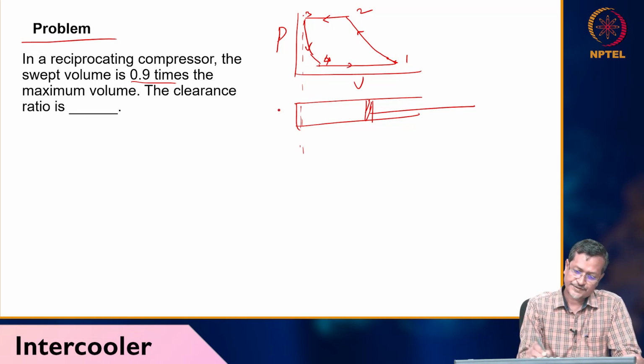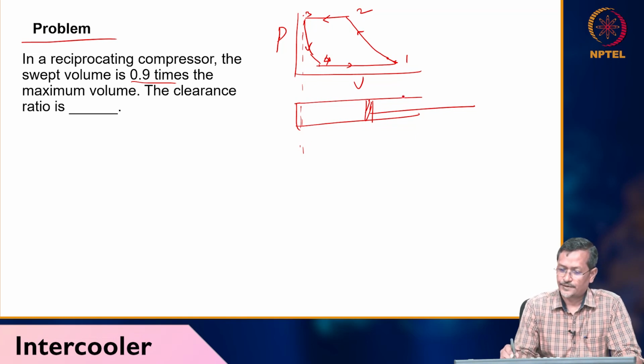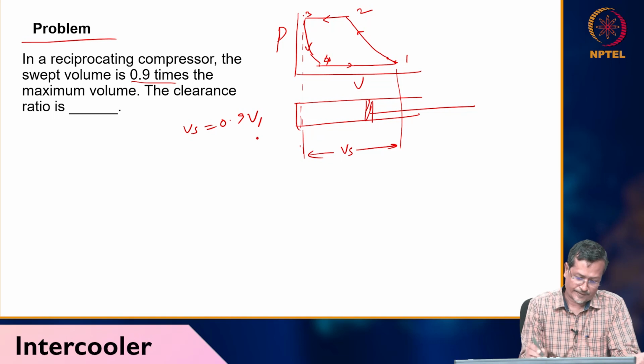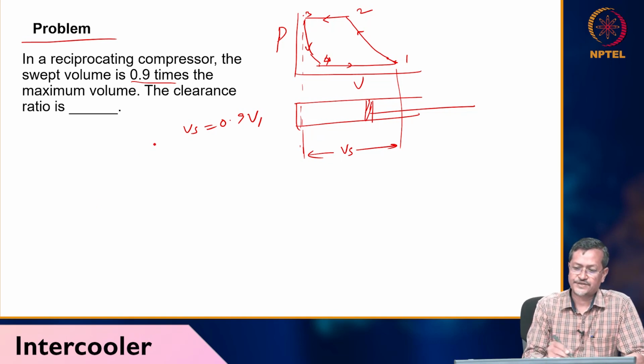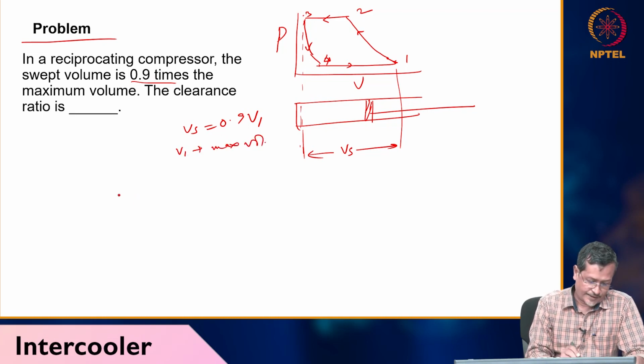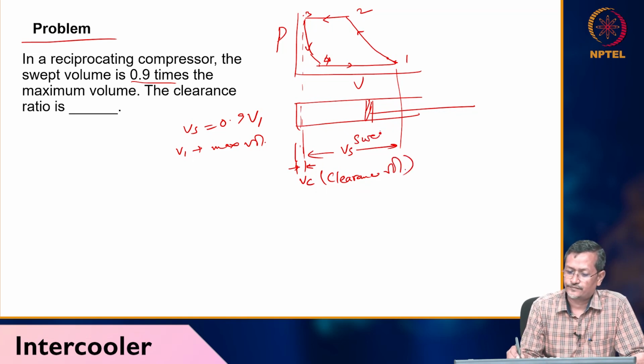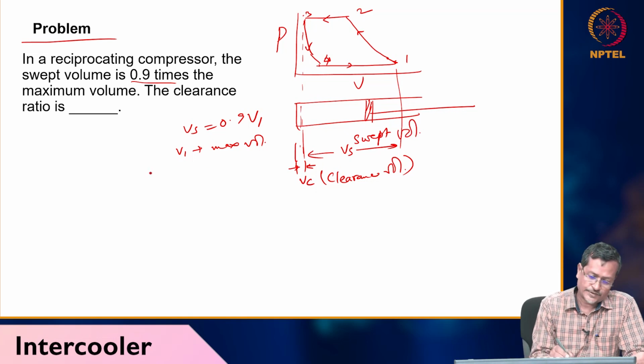Now in a reciprocating compressor, Vs is the swept volume, from here to here, so Vs equals 0.9 V1. V1 means the initial volume, the maximum volume. This is Vc, the clearance volume, and this is the swept volume. Vc by Vs we have to find.